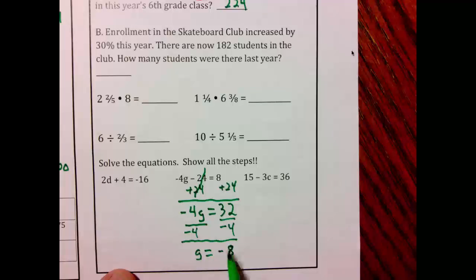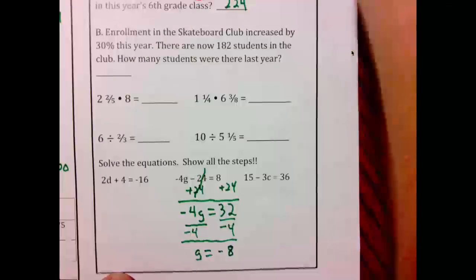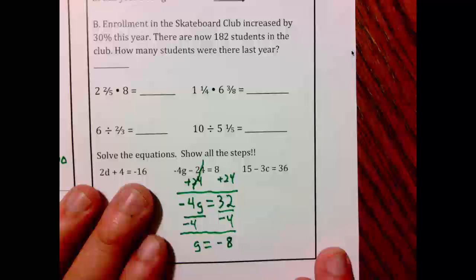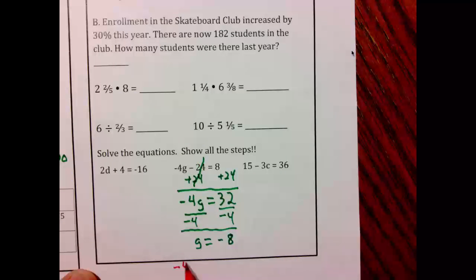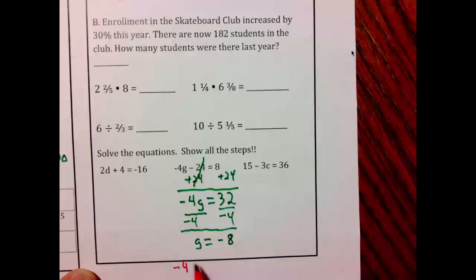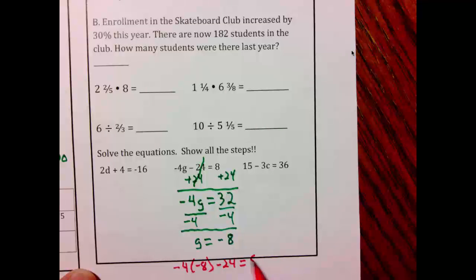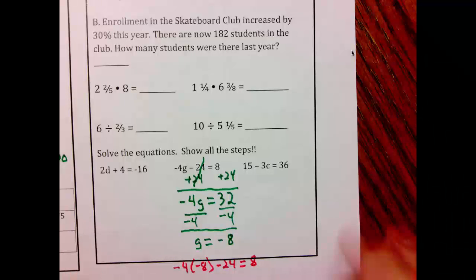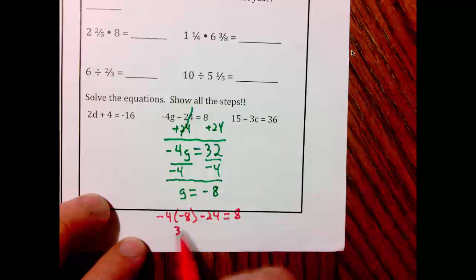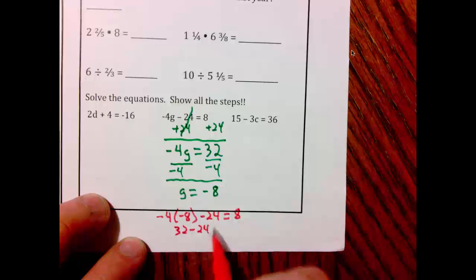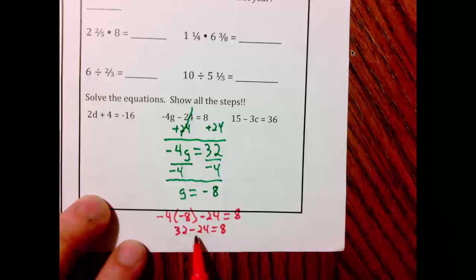We will now take the -8 and substitute it into the original and see if it works. Our original statement was -4g minus 24, but we think g is -8. Question: is that equal to 8? Well, -4 times -8 is a positive 32. 32 minus 24 is 8.